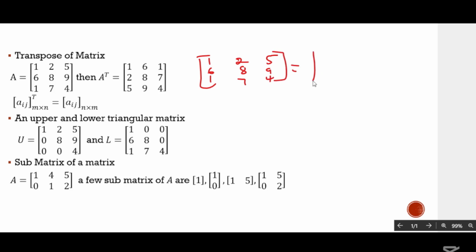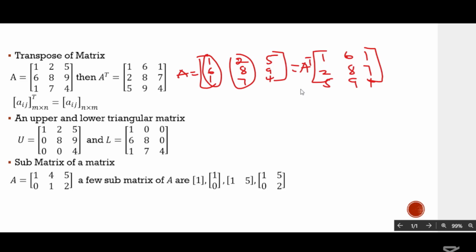So we are going to make a rearrangement of A, which is the transpose of A, and this is the original matrix. We are going to turn all the column elements to become rows. So 1, 6, 1. This one 2, 8, 7. And this one is 5, 9, 4. When you do that, you say that you have transposed the matrix.